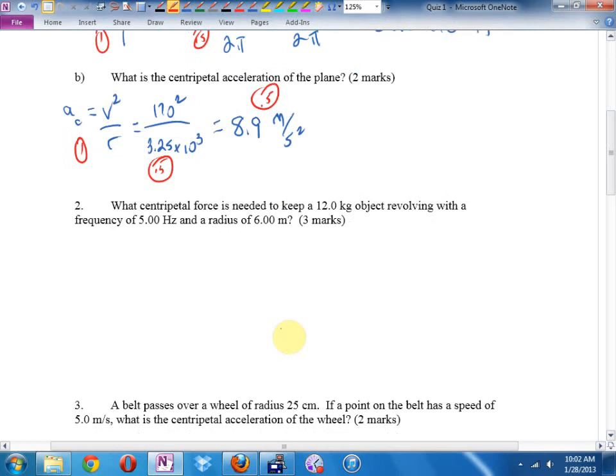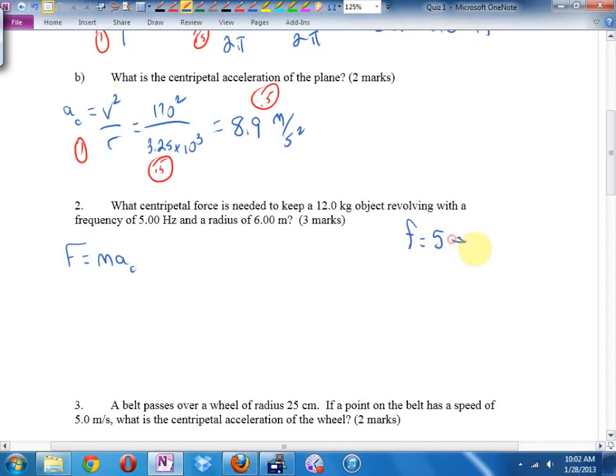Number 2. What's centripetal force? Okay, they want a force. Centripetal force is mass times acceleration, because force is always mass times acceleration. Oh, they gave me a frequency. They told me that the frequency was 5 hertz.